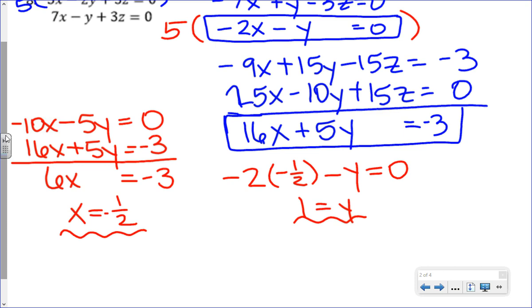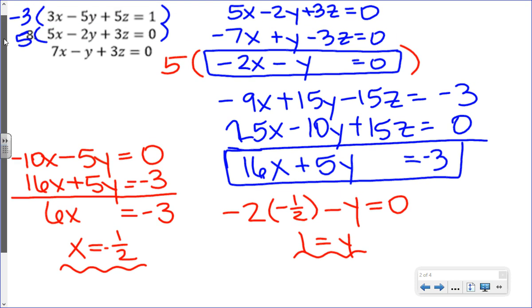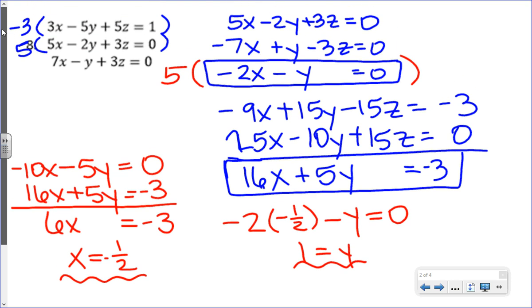Now that we have figured out those two variables, we can go back to the very beginning and plug those two in for one of the original three equations. It does not matter which one. Do whichever one you think would be easiest to work with. So, I'm asking you, as my first hour class, which one would you like to choose? The second one.